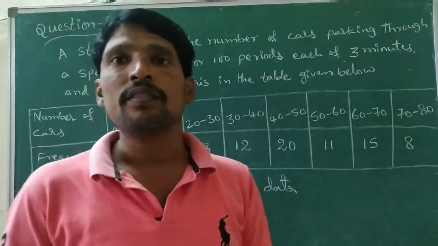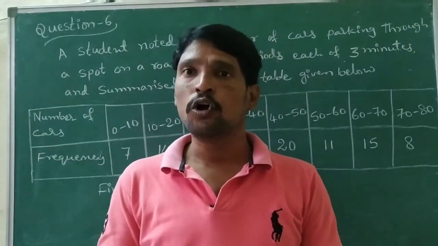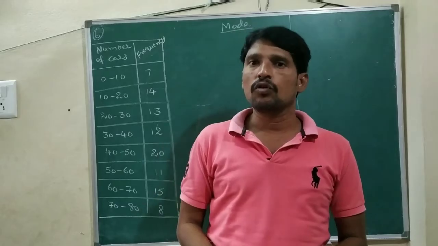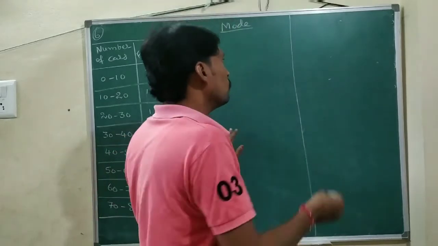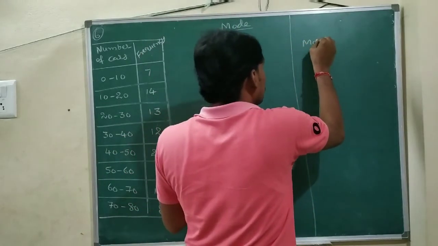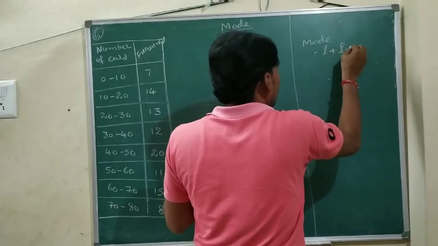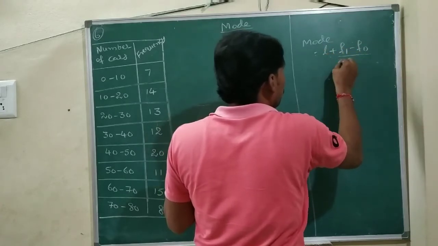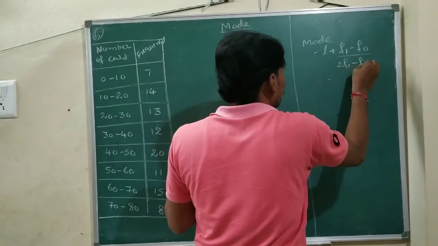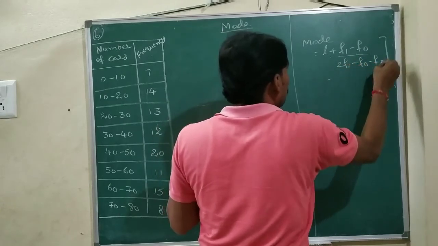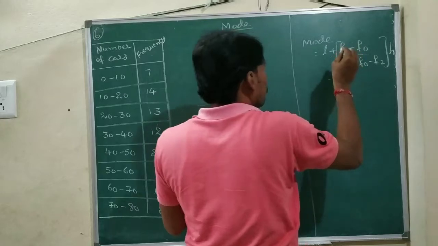For this problem, we need to find the mode. What is the formula for mode? Mode equals L plus (F1 minus F0) by (2F1 minus F0 minus F2) into H. This is the formula.